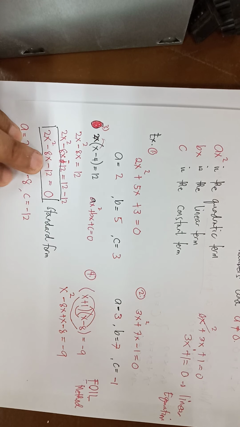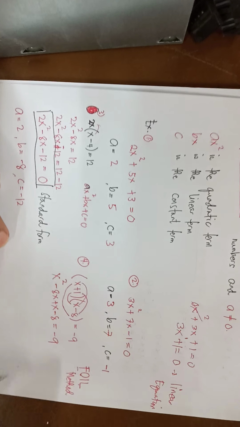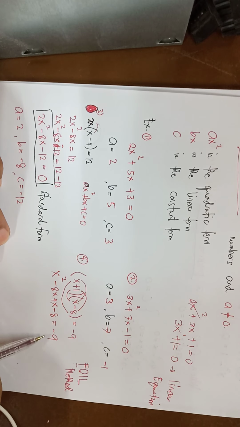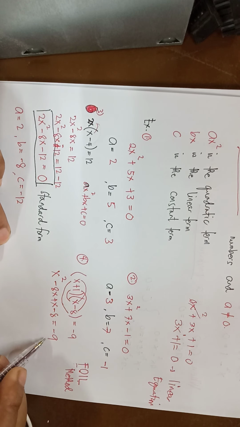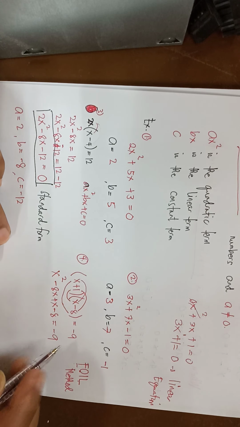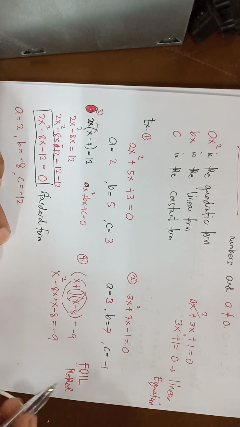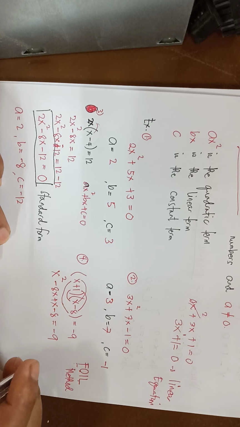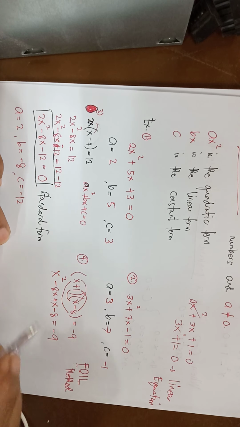The same process as what we have done in example number 3. What do we add to negative 9 to make it 0? We add positive 9. So negative 9 plus 9 is equal to 0.